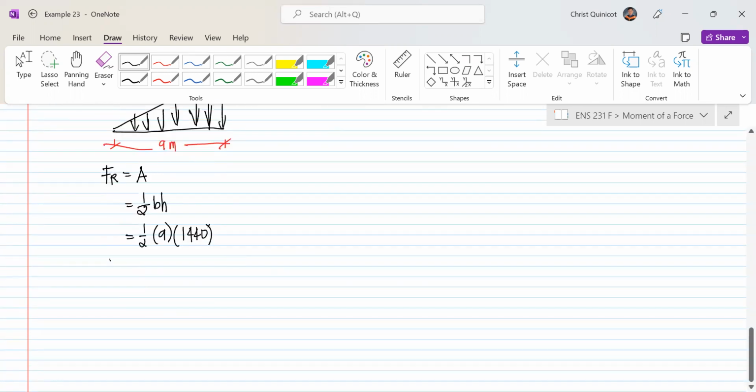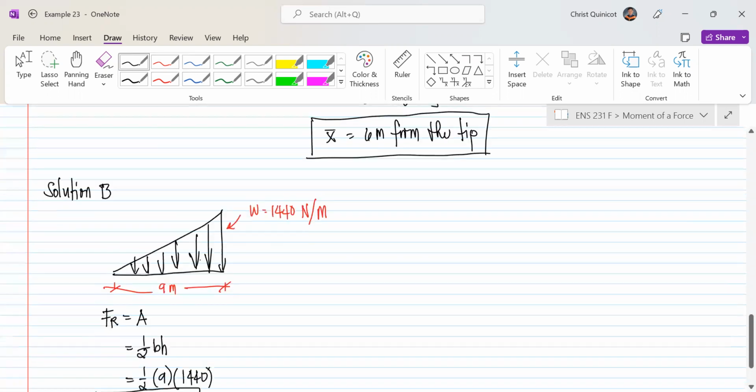So F sub r is equal to 1,440 times 9 is 12,960 divided by 2 is 6,480 Newton, which is the same as the value we got using integration.